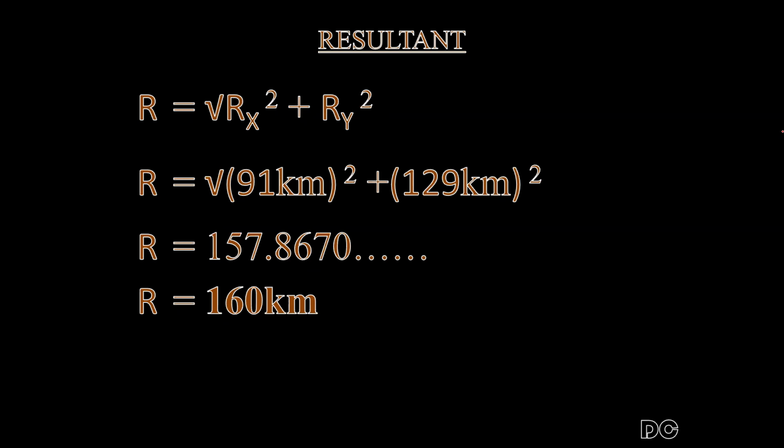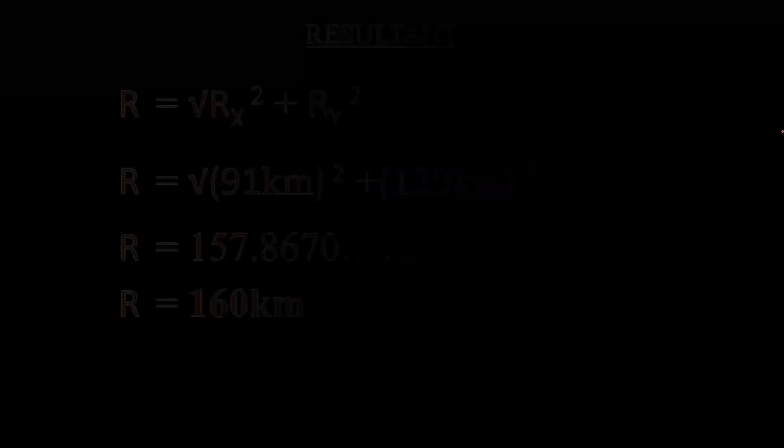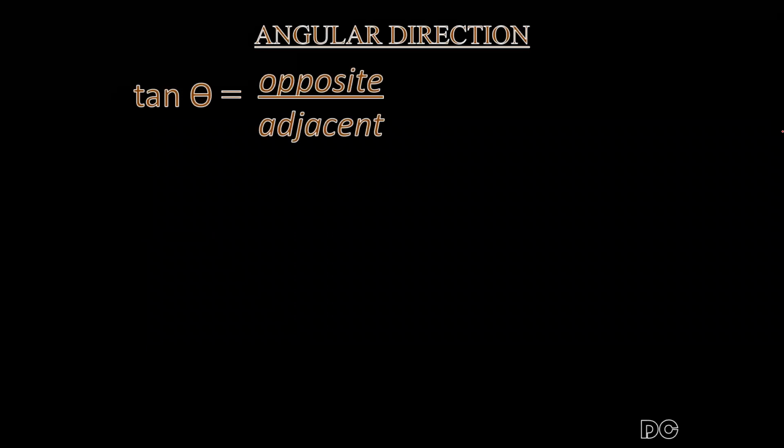Okay. Next, after the resultant, we will solve for the angular direction. And for the angular direction, we will use the tangent function. Take note, in the angular direction, using the tangent function, the opposite side is always the y component, and the adjacent side is always the x component.